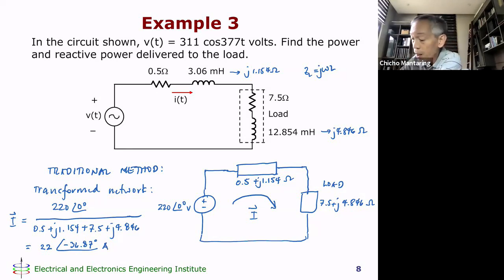By the way, this scheme, where I have a load and then an impedance here, is very typical of electrical systems. This is my actual load, and this impedance is actually the impedance of my transmission line. It's what connects my source. This is my source, this is my load. Between my source and my load, I have what you call a transmission line.